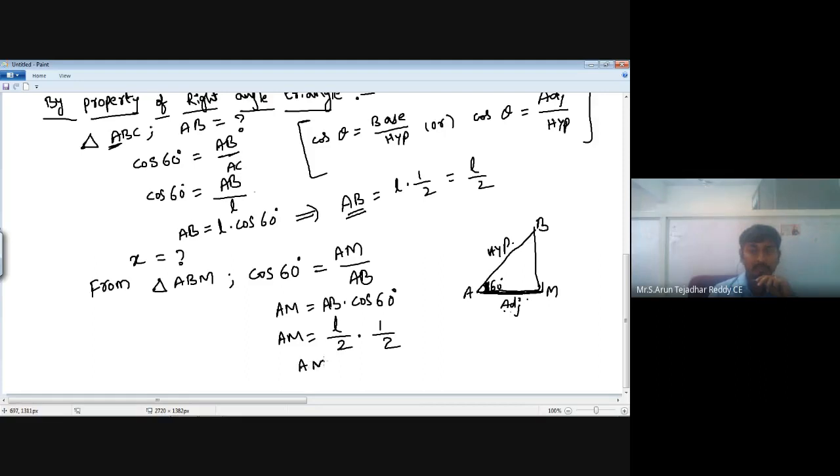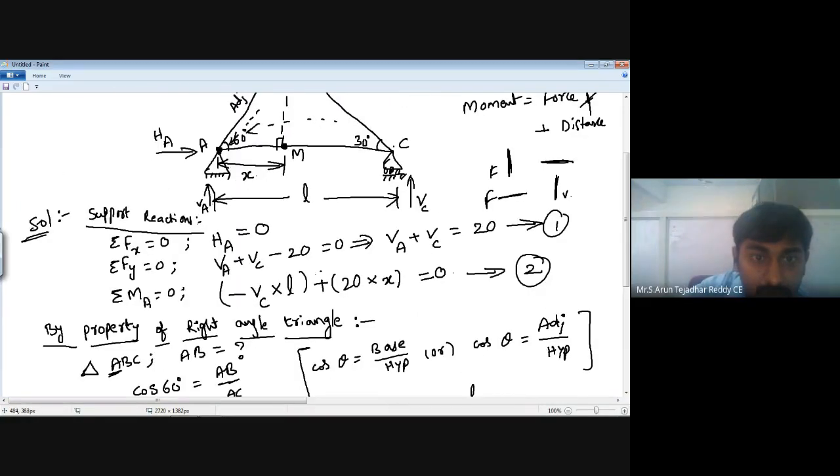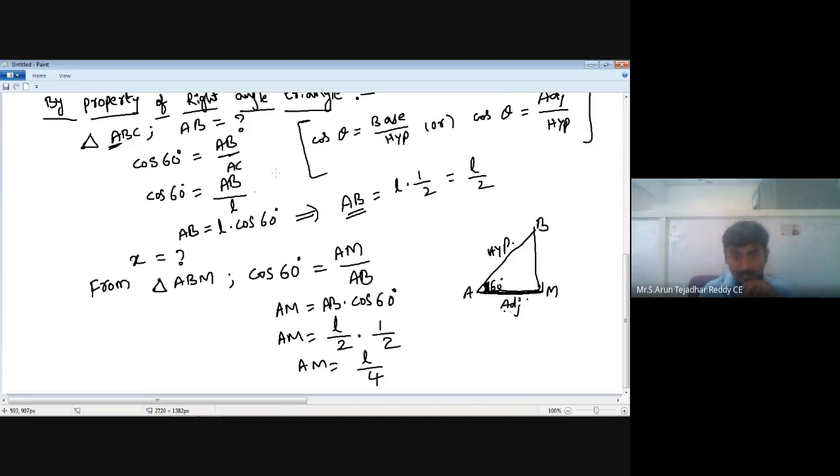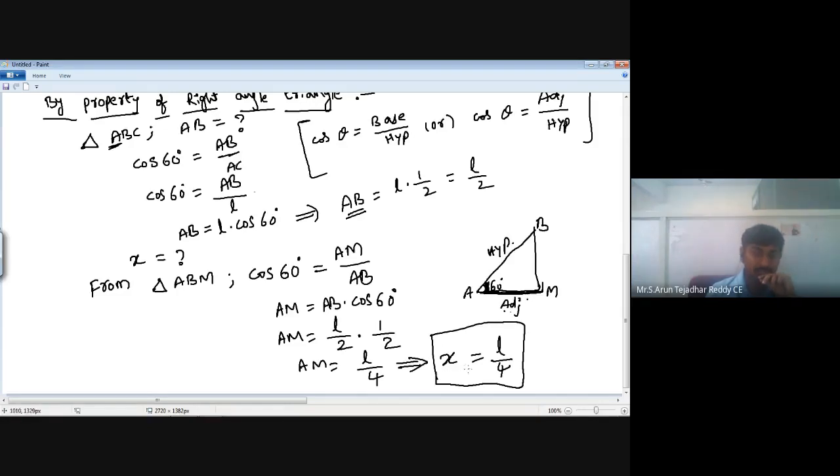Then AM is equal to L by 4. And here from A to M, the distance is X. A to M, it means AM is X. So in place of AM, write X is equal to L by 4. So we have calculated the X value also.